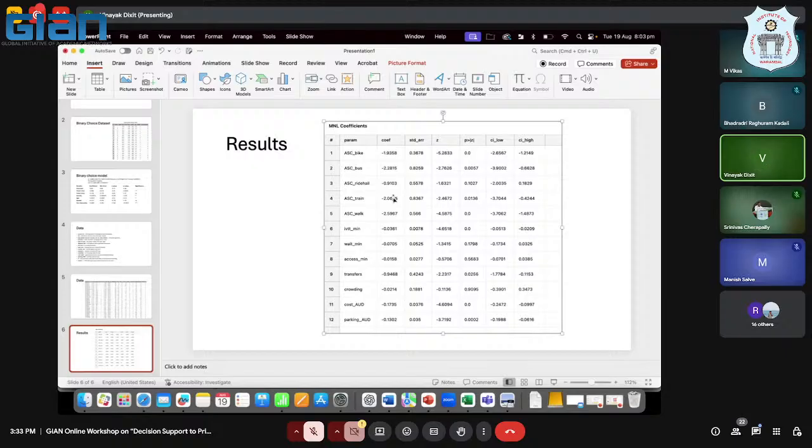Are you getting that point? Yes. So the car का जो constant है, that is 0.